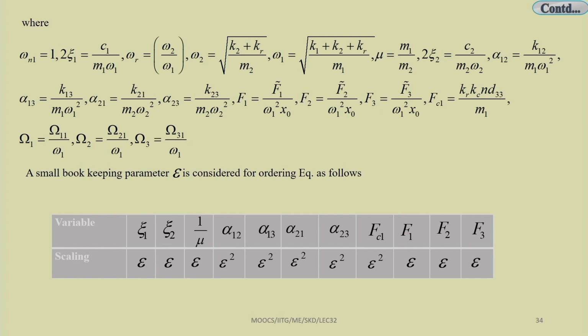For example, in this particular case the order of damping is taken to be epsilon order. Then alpha 12, alpha 13, alpha 21, alpha 23, Fc1 are taken to be of order epsilon square, and F1, F2, F3 are taken to be of order epsilon.